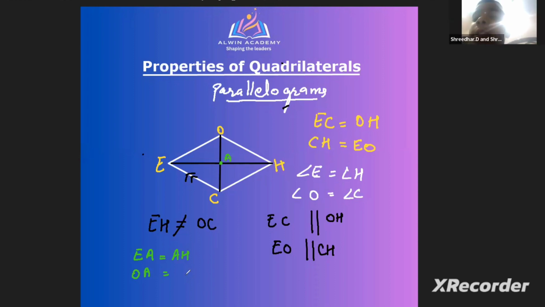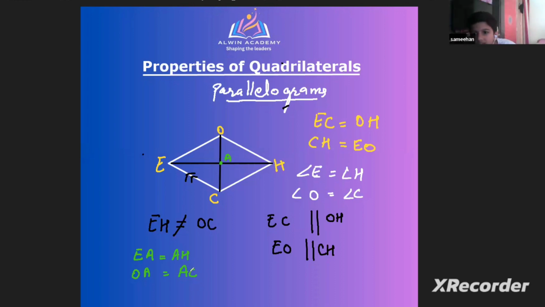Ma'am, OA equals to AC. Good. So can anyone tell me the last property? We have discussed sides: opposite sides equal, opposite sides parallel, opposite angles equal, diagonals not equal and diagonals bisecting each other.